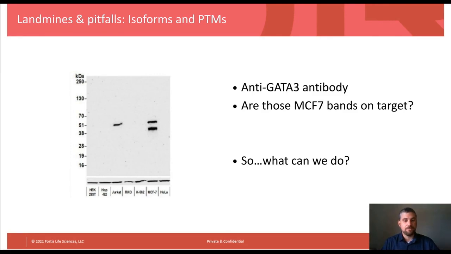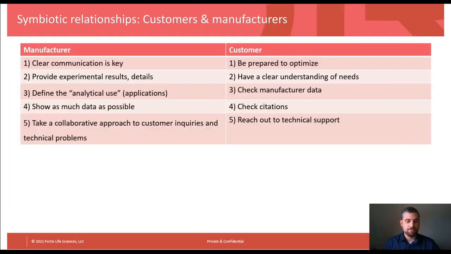So this can create problems for both customers and for manufacturers and distributors of antibodies, because nobody wants to sell you something that's no good, and obviously nobody wants to buy a product that's not working well either. And so there's a symbiotic relationship that can be really helpful as you're working through characterizing and validating these in your own labs.